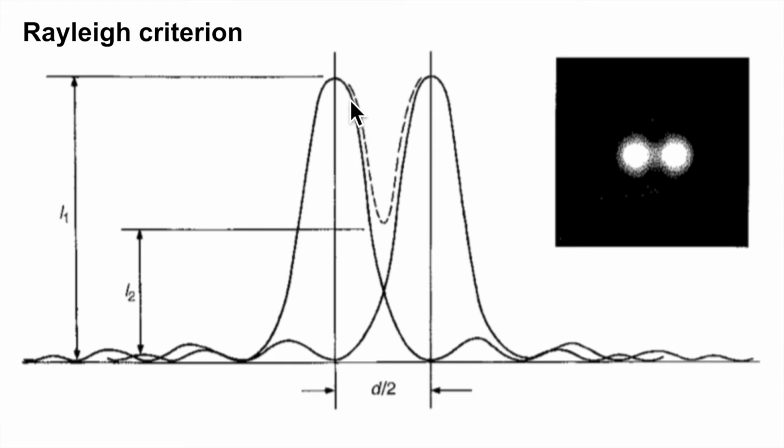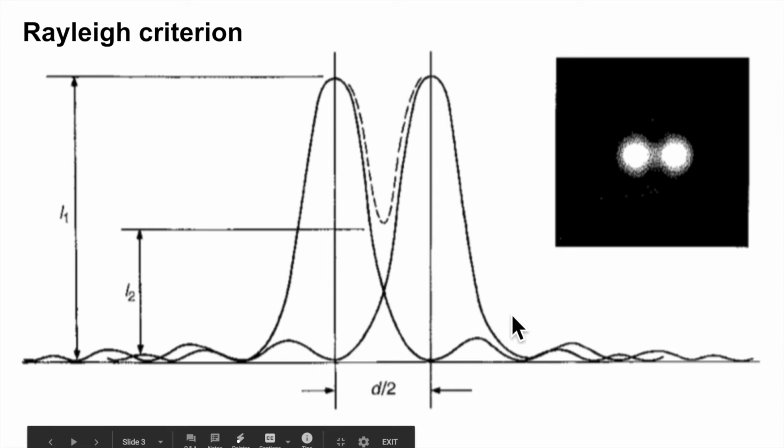So I've drawn 2 spots. This is the image that you would see. The bright part here corresponds to the bright intensity of what you see here on the graph of distance versus intensity. And then the lighter areas around it, the gray areas, correspond to those larger order diffraction rings.